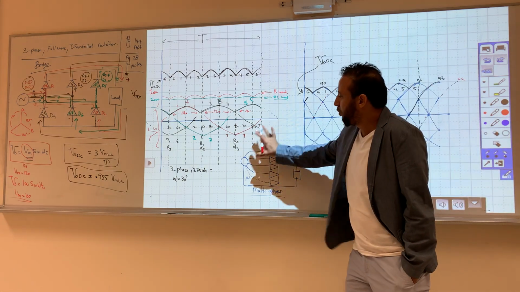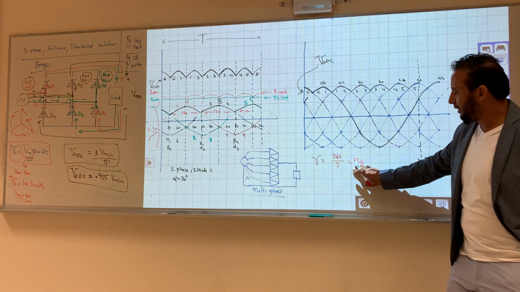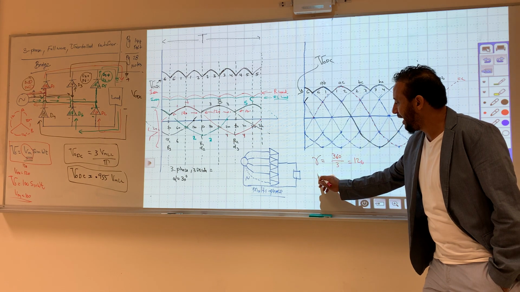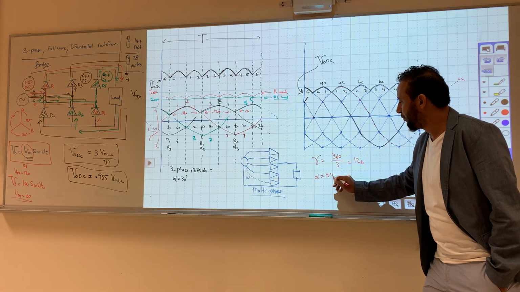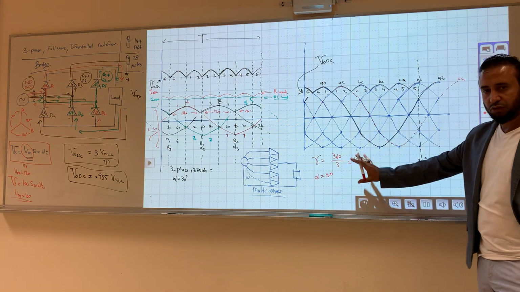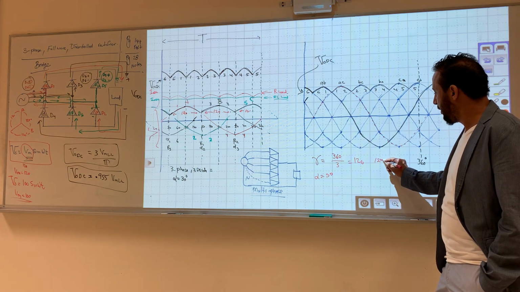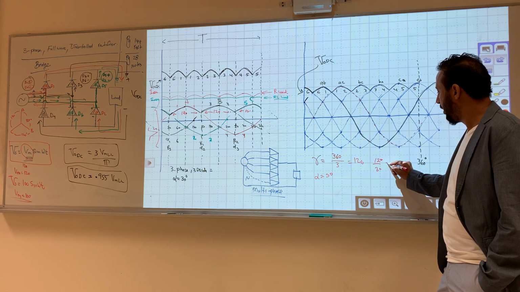This will be our reference. We know that this is 120, and alpha equals 30. If I divide 120 by 30, I will get 4.